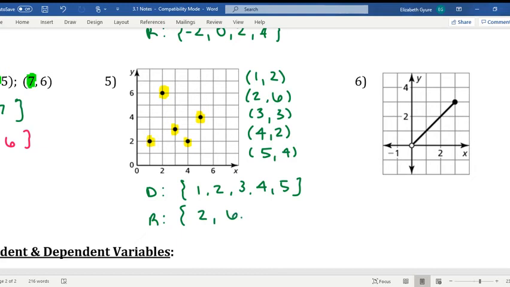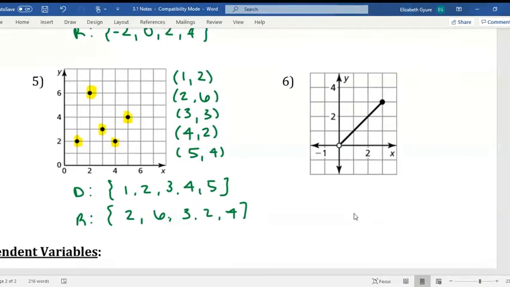Yeah, 2, 6, 3, 2, 4. Could you have reordered this so that it was from least to greatest? Yes. If it's multiple choice, that's probably how it's going to be written. Yeah, tends to go from least to greatest, but it's not a big deal. All right, questions on that one? People at home, questions on that one?